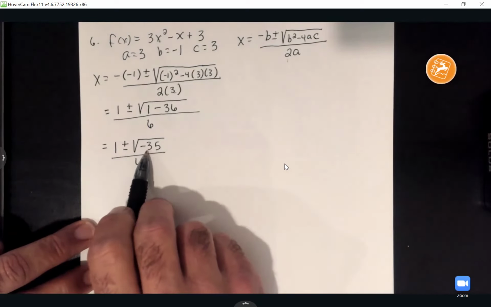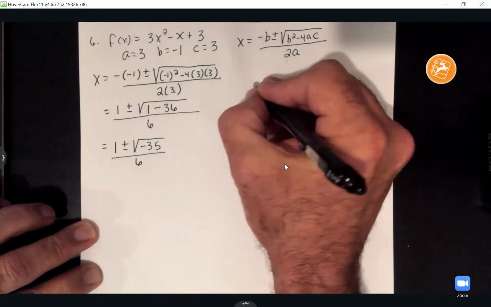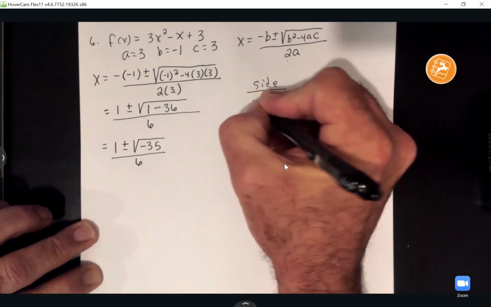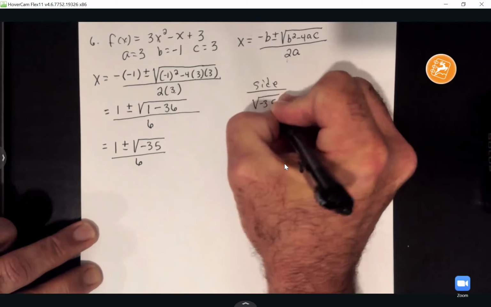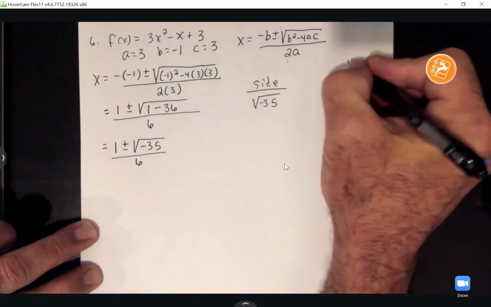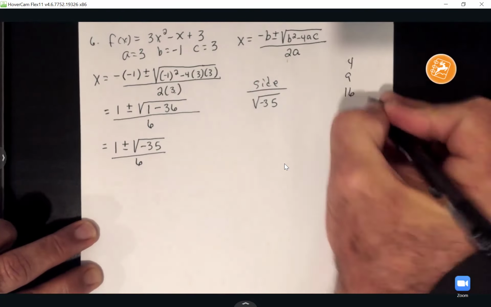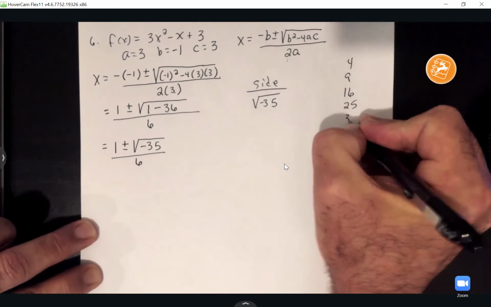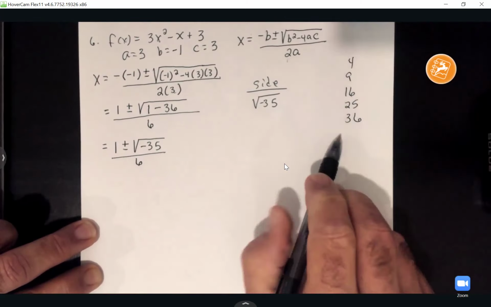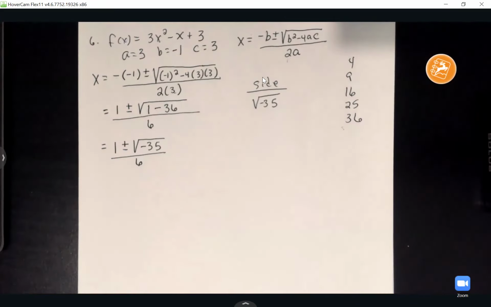Now, y'all, we got to simplify that square root of -35 on the side. So remember, to simplify it, you're looking for the factors that are perfect squares. And I'm going to stop at 36 because my number's 35.